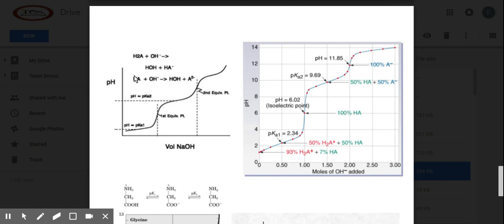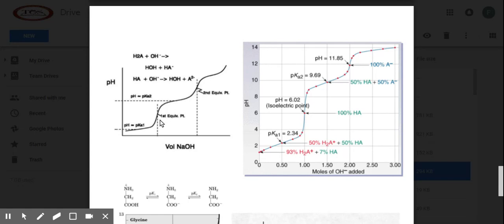But you can keep on going because there's another H that the acid can actually give. So now I have HA minus, I add more base, and boom, I reach a second equivalence point. At the second equivalence point, is when the second H plus has been given to the base, and therefore you have created another conjugate base, which is A2 minus.